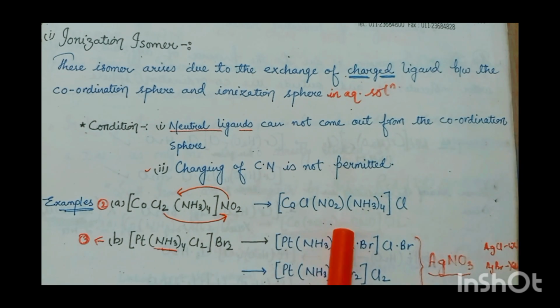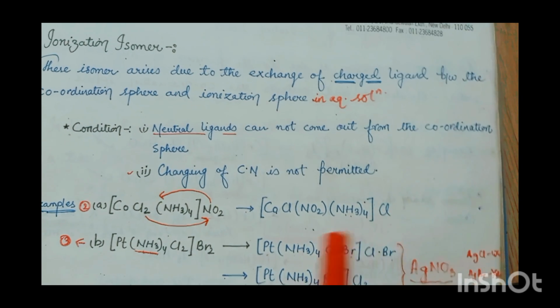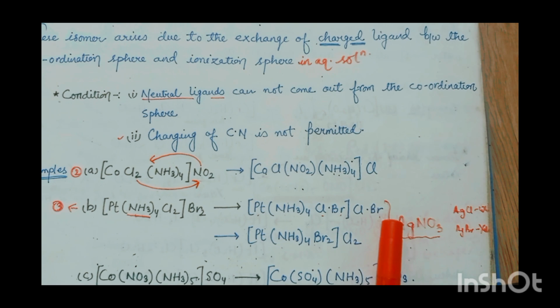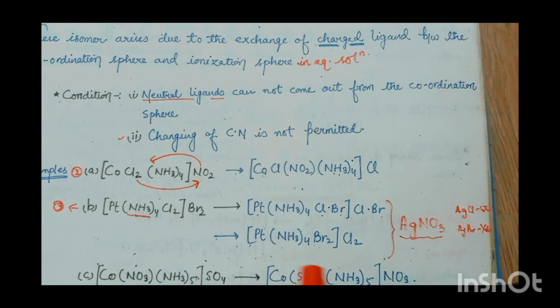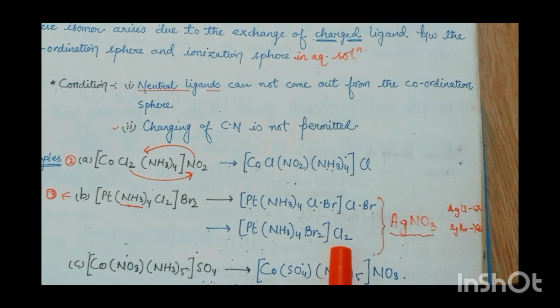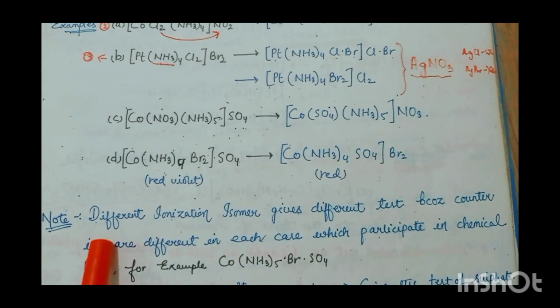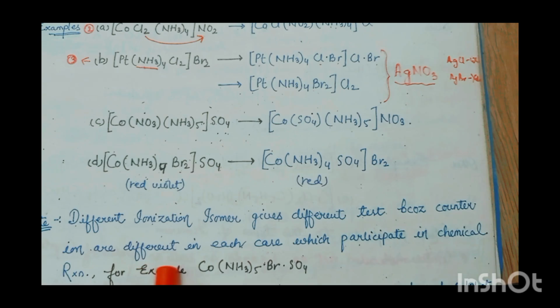But after the formation of the ionization isomer, it will give the test of chloride ion. After that, it will give the test of chloride and bromide ion after the formation of the ionization isomer, whereas before it was showing just the test of bromide ion. And in another example, it is showing only the test of chloride ion. It means, read this definition again: different ionization isomers give different tests because counter ions are different in each case which participate in a chemical reaction.